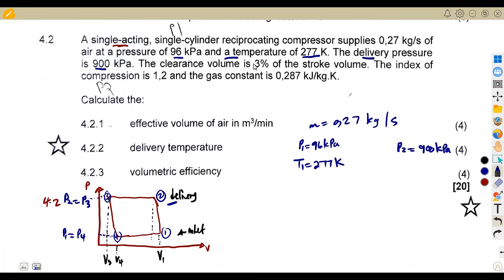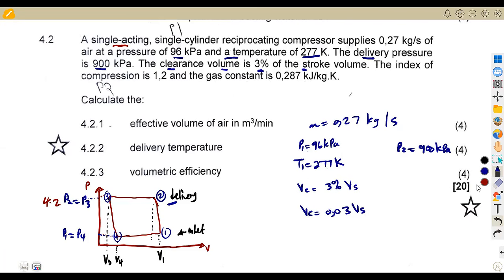Then take note, the clearance volume is 3% of the stroke volume. All right, so this is it, guys. The clearance volume, which is VC in this case, is 3% of the stroke volume, which is VS. So 3% as a decimal is 0.03, that is 3 divided by 100.